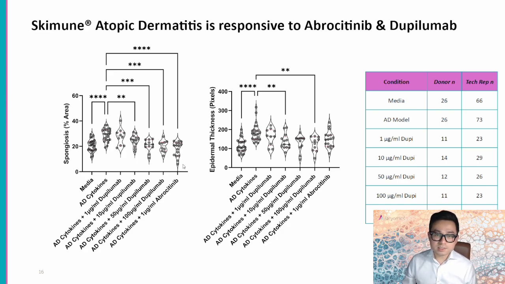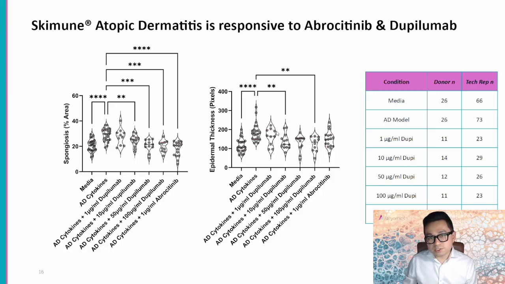Abrocitinib achieves this at an optimized dose. Assessing the epidermal thickness, the media controls show a general thickness of 100 pixels, increasing approximately to 150 pixels, and then decreasing to a minimum at the 10 microgram per mL dose. So in fact, for both of these markers, we see differential AD intervention responses versus dose. However, the overall picture is clear. We can see a dose response to dupilumab in this model.